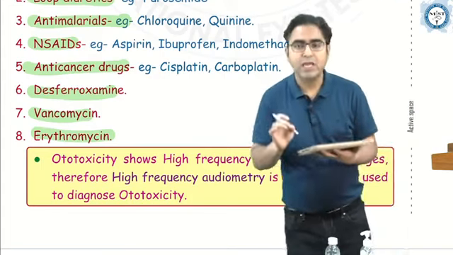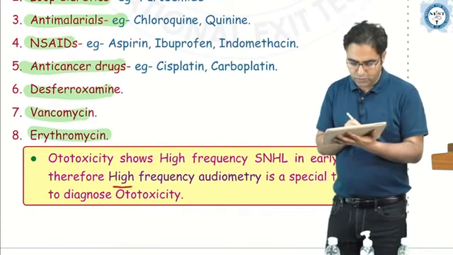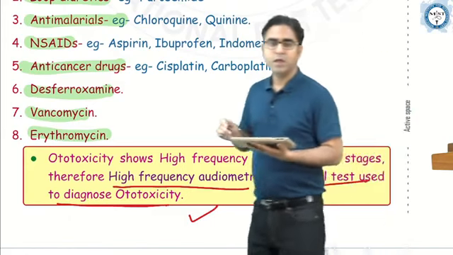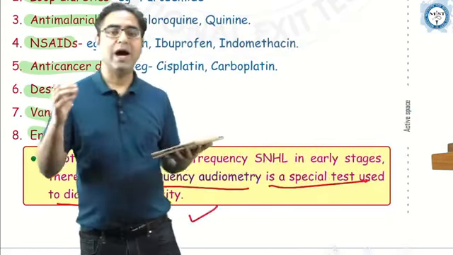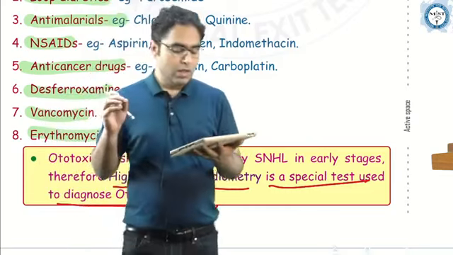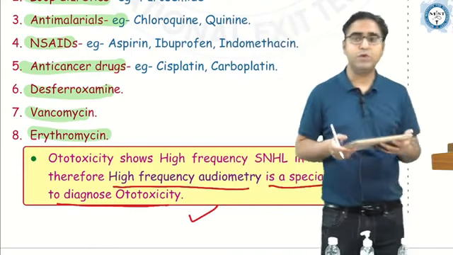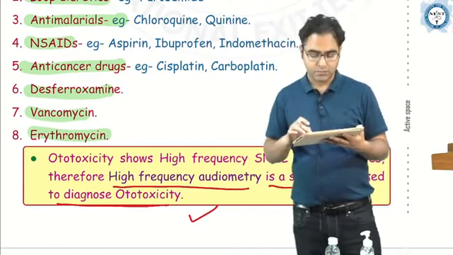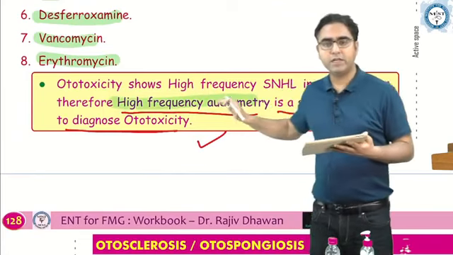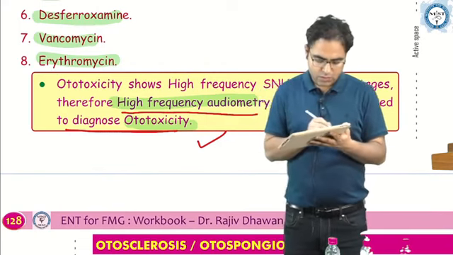Therefore, high frequency audiometry, underline the word, is a special test used to diagnose ototoxicity. Okay, bache? What is the name of the test? High frequency audiometry. Beta, just write one line over here.